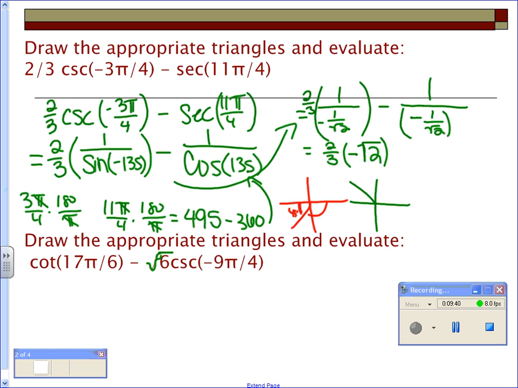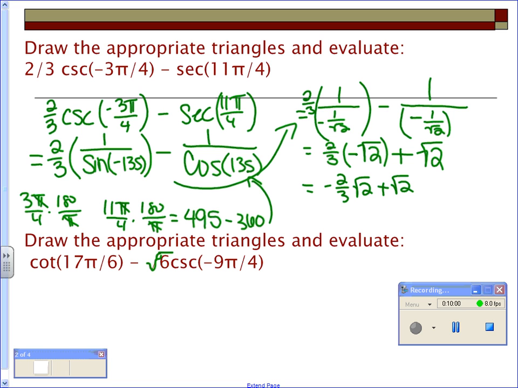And then plus the square root of 2. Does that make sense? So you get negative 2/3 square root of 2 plus square root of 2, which is what?